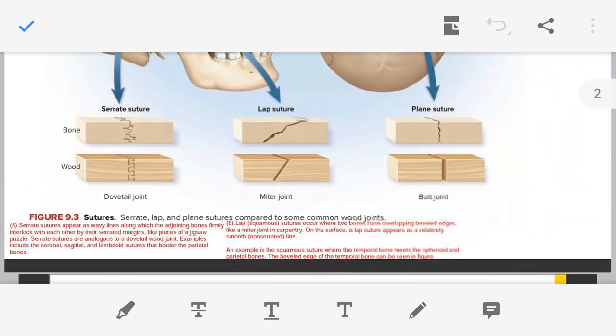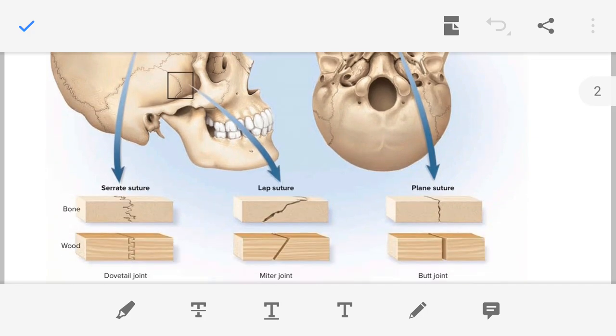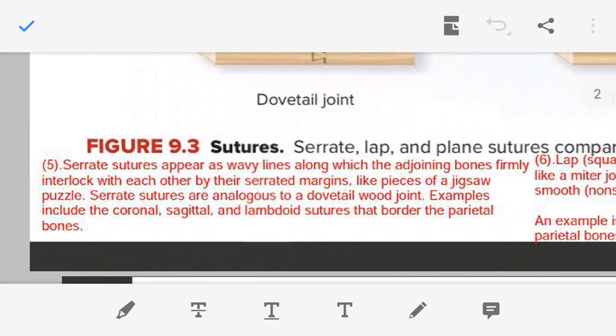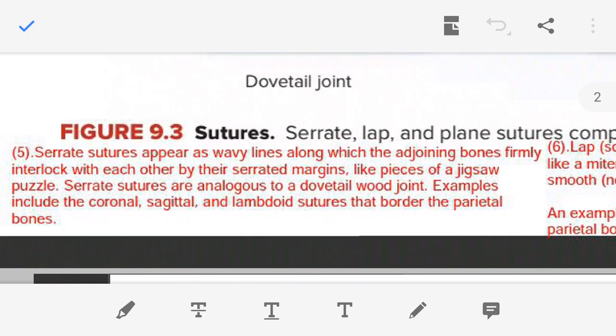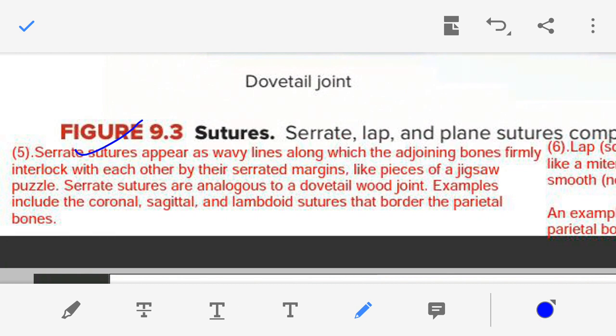This is the serrate suture. Now here serrate suture appears as a wavy line along with the adjoining bone firmly, and the bones are interlocking each other by their serrate margin.